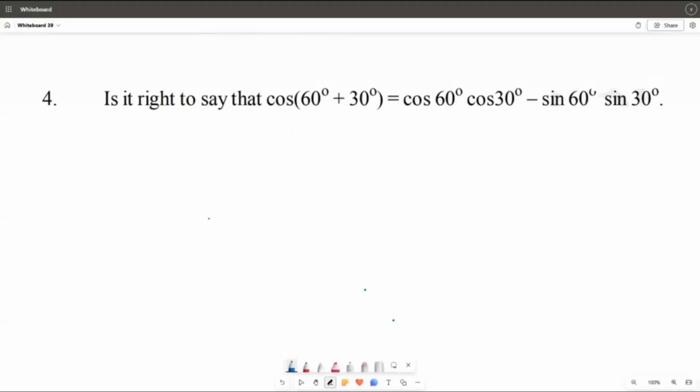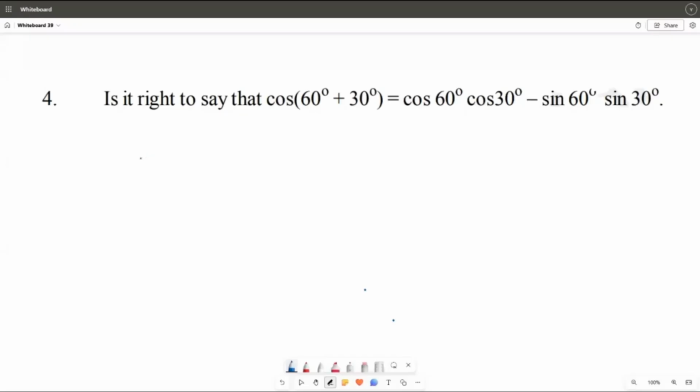The fourth question of exercise 11.2 says, is it right to say that cos (60 plus 30) is equal to cos 60 into cos 30 minus sin 60 into sin 30? To answer this type of question, we need to know the standard values of sin, cos, tan of angles 0, 30, 45, 60 and 90.